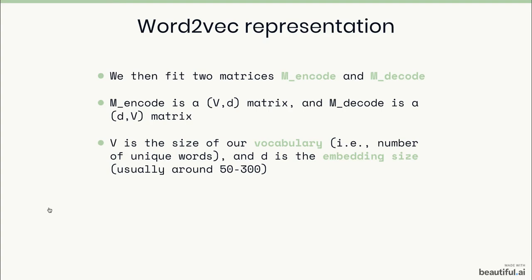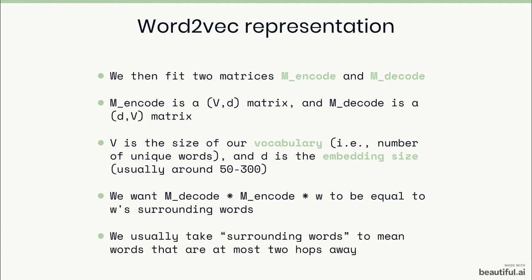And D is the embedding size. This will be the resulting number of dimensions that our representation of the words will have. We can set this embedding size to be whatever we want, but usually it's set somewhere around 50 to 300.